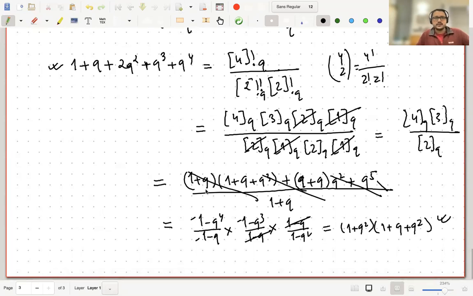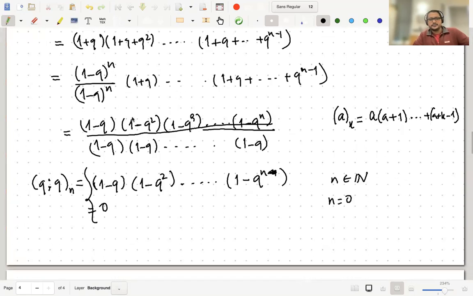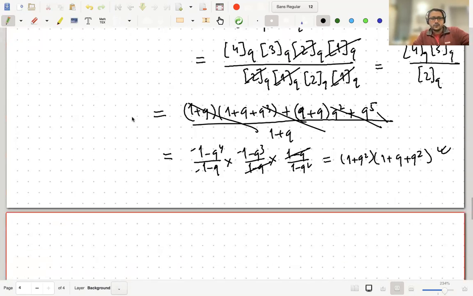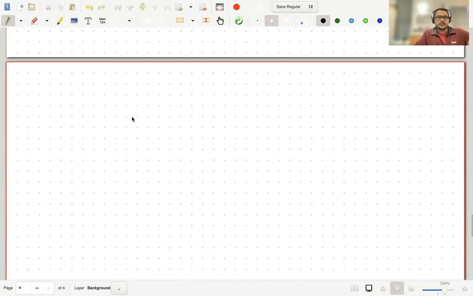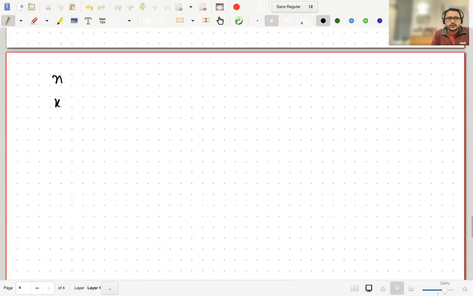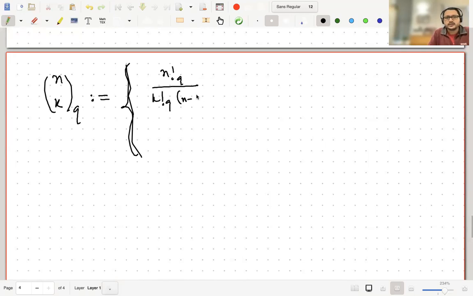If you do one more step further, you are going to get the q analog of the binomial coefficient, which is defined as follows. n choose k q is defined as n factorial q divided by k factorial q times (n - k) factorial q, when n and k are integers and 0 is less than or equal to k is less than or equal to n, and this is 0 otherwise.